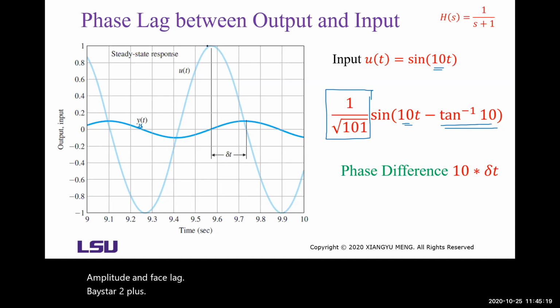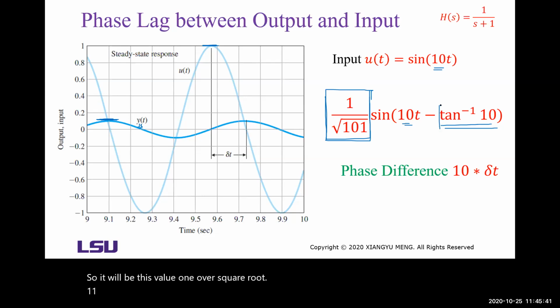For the input, the highest value is 1. So the output here has the highest value, which will be 1 over the square root of 101.